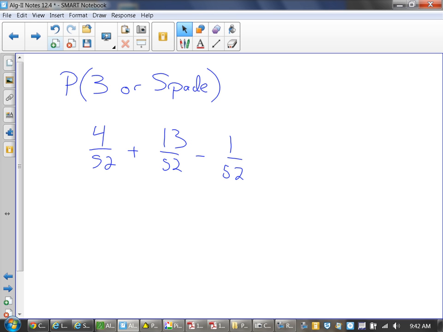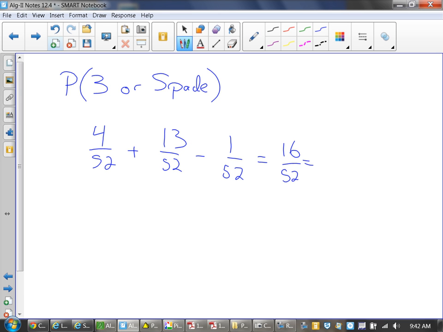When there's an overlap, a 3 or a spade, it is the 3 of spades. So in this case, you wind up with 16 out of 52, otherwise known as 8 out of 26.